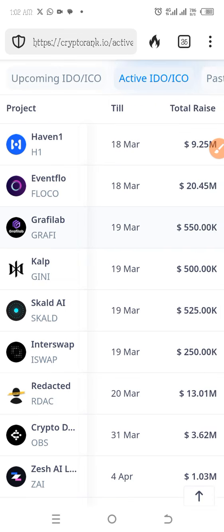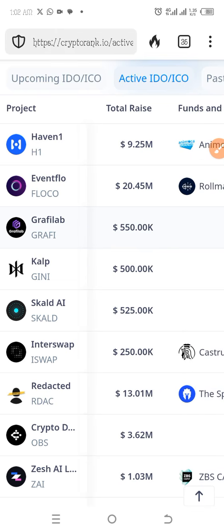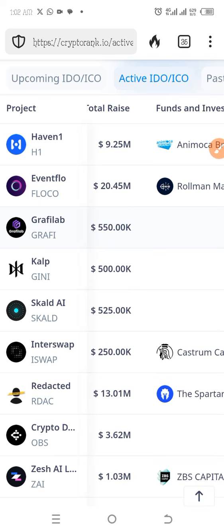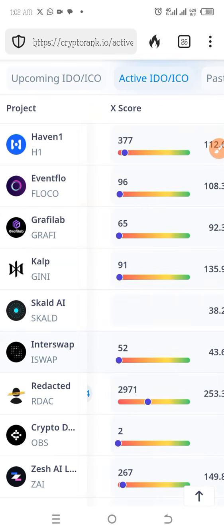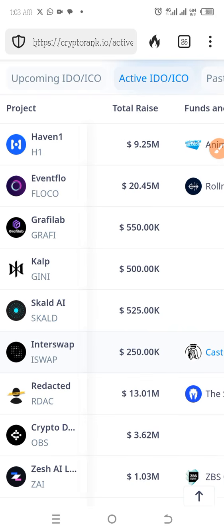Here they actually have the draw date, which is the closing date. From this, the first one will close on 18th of March, and they have raised a total of 9.25 million dollars. So this is just how to participate. Once you click on it, you will find every piece of information you need to know about the coin.